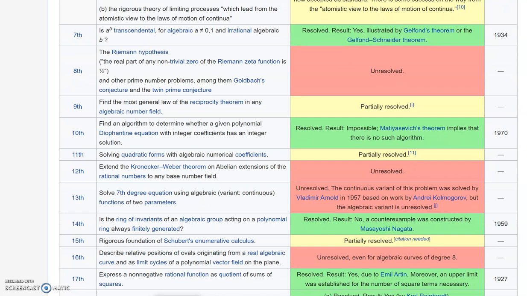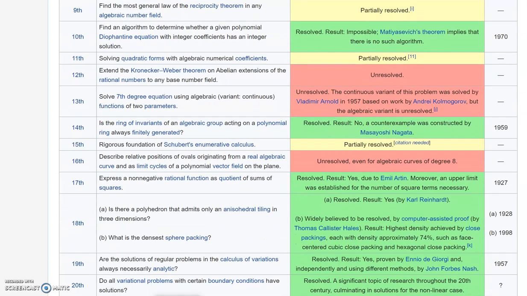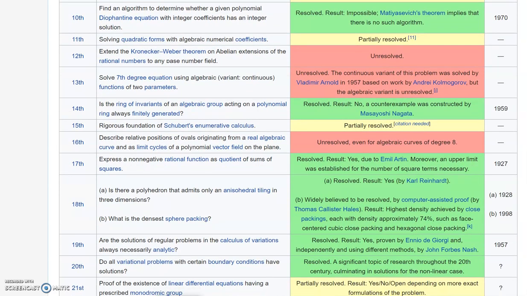Okay, and some interesting stuff about this. Let's look at the 18th problem, this one. You see that this was proved by computer. So computer-assisted proof is also another interesting idea in mathematics. Some people have no problem with that.